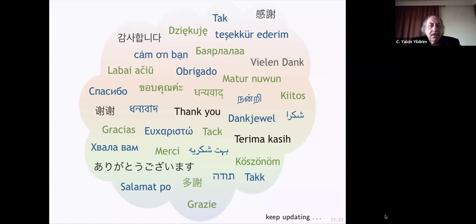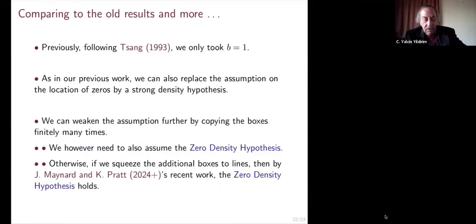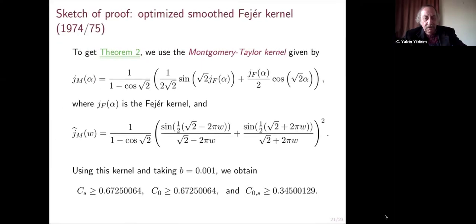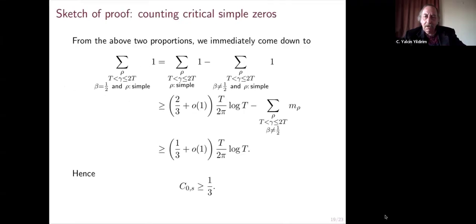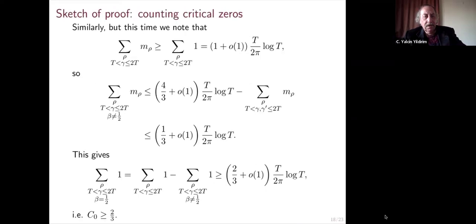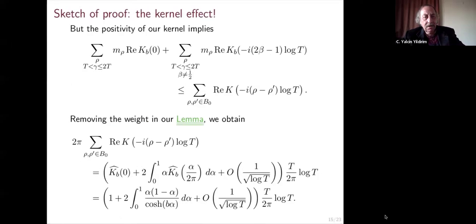Professor Yıldırım, please. My question is this. Suppose you assume a stronger hypothesis, like instead of b over log t, you take a constant over log t times log t in the denominator. Then what do you get?